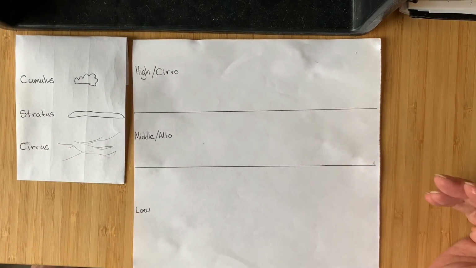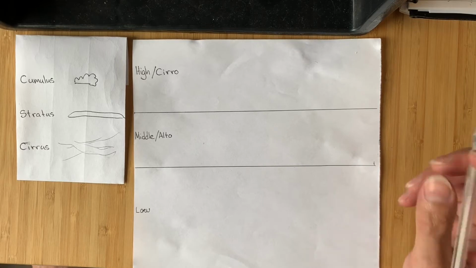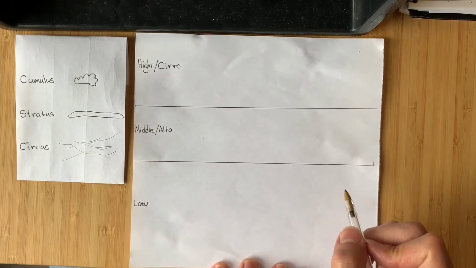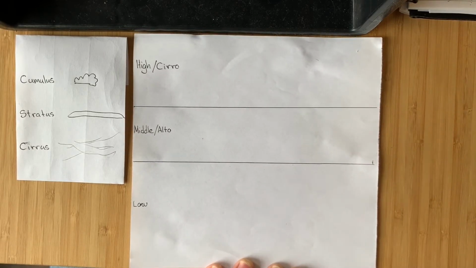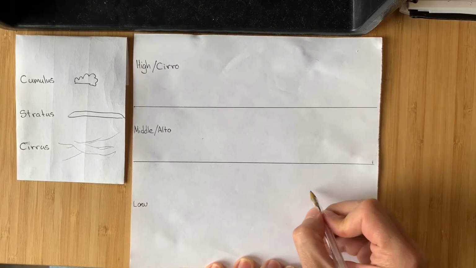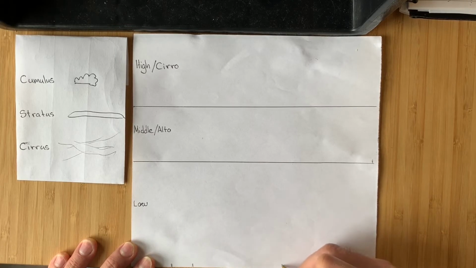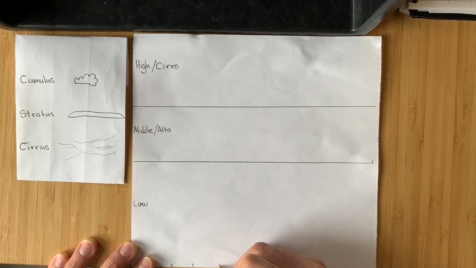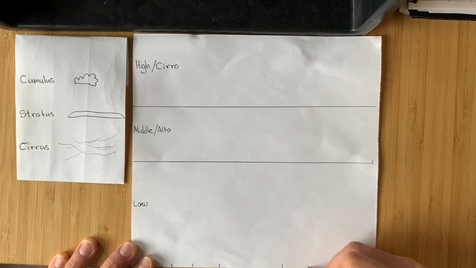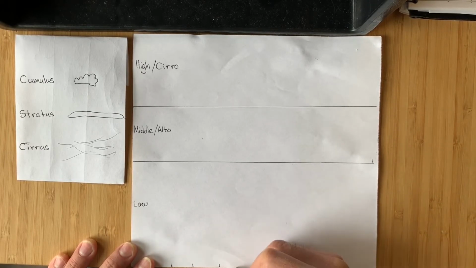So for our cumulus cloud, before I tell you where they like to live, where do we see them? We usually see them pretty low down. So I'm going to draw little tiny people. I imagine them even smaller because this is so high up in the sky. Little people are just down here, right? Like you can see houses and buildings.